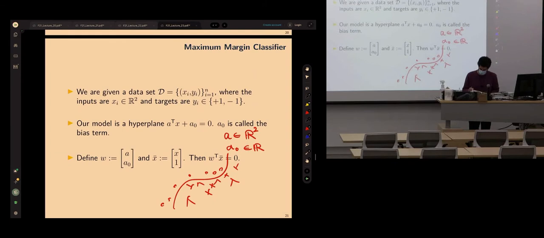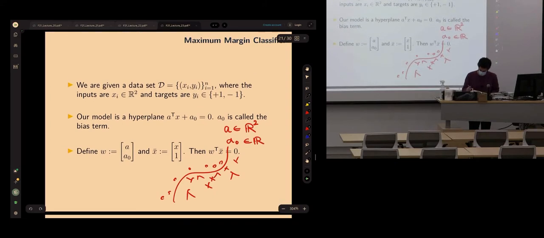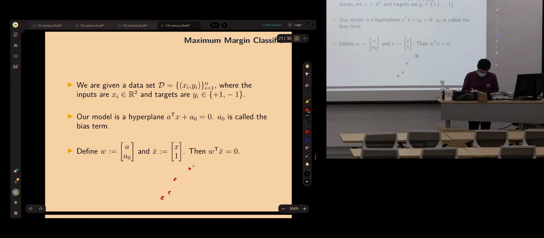All right, so we go ahead and formulate our problem, we do another trick. This is really for convenience, the change of notation. I'm going to stack all my parameters that I want to find into a vector and call it W. W is now in R3. That's what I do.